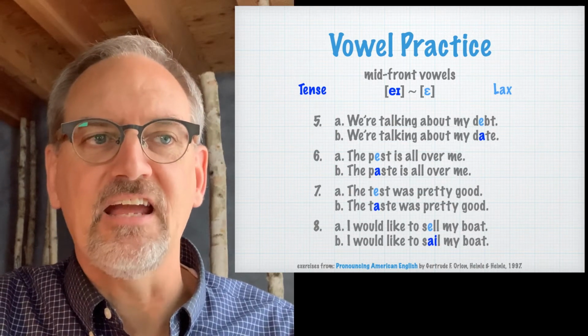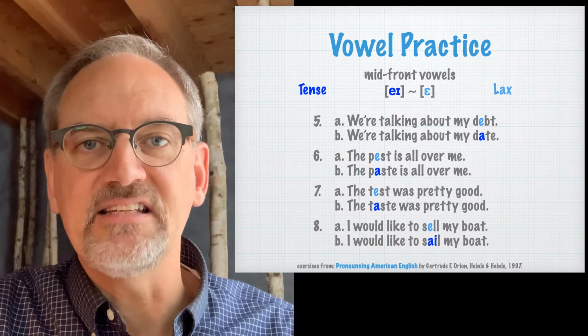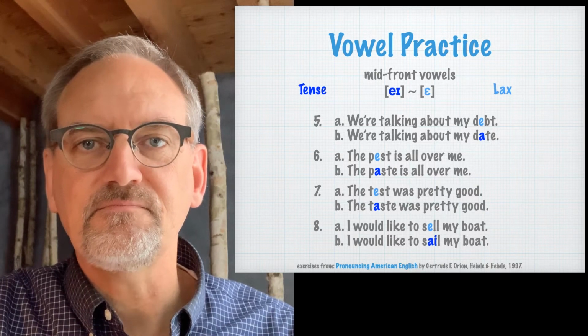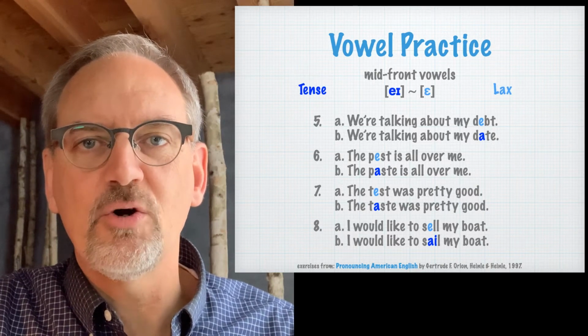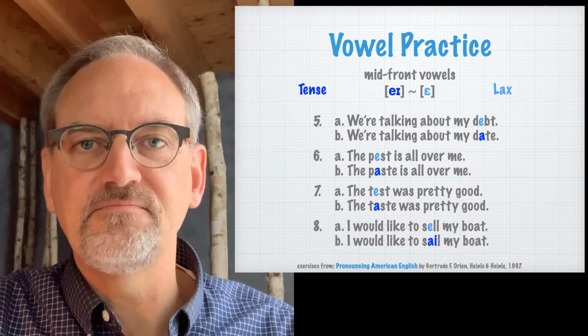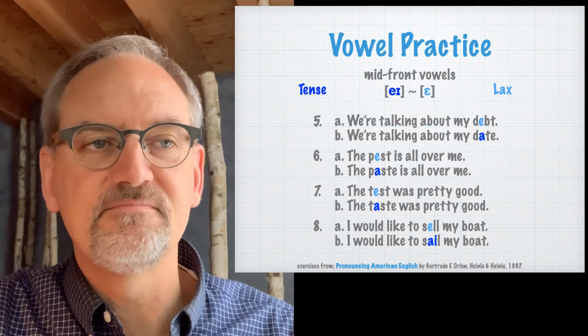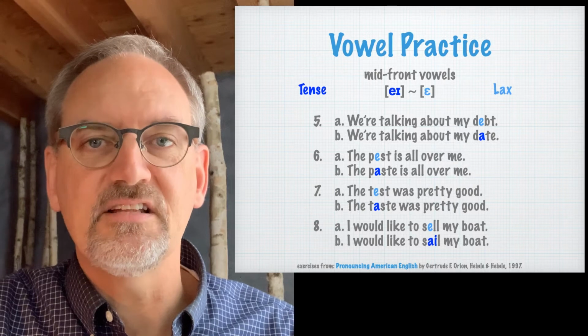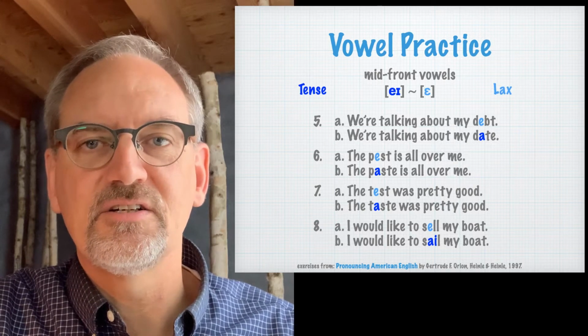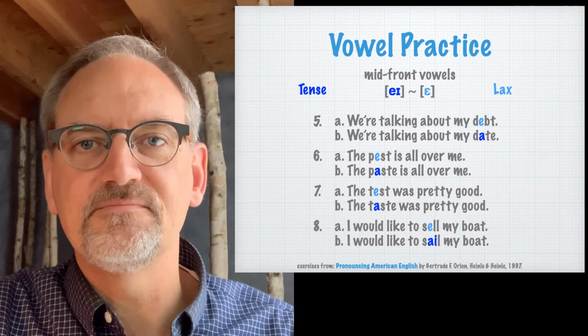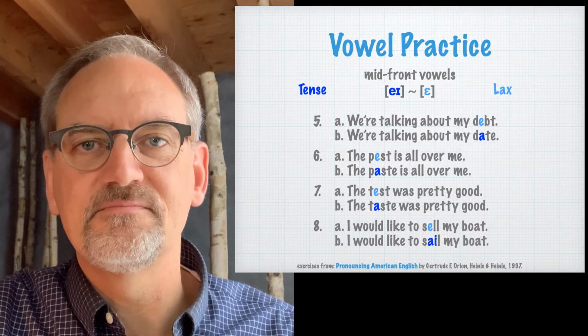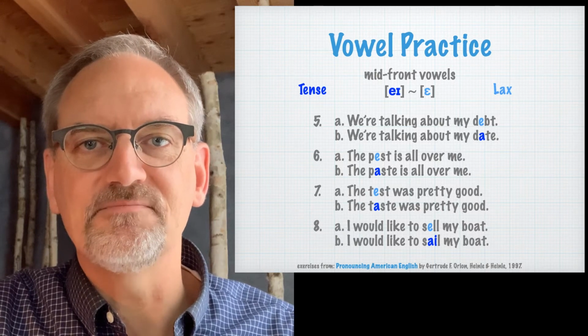Number 5, A. We're talking about my debt. And the B sentence. We're talking about my date.